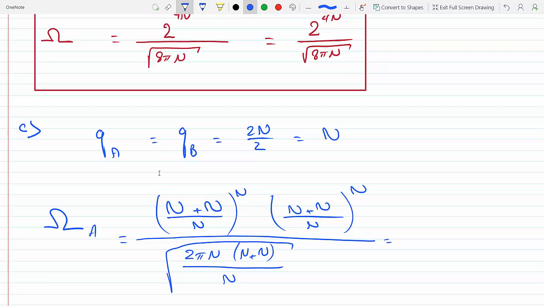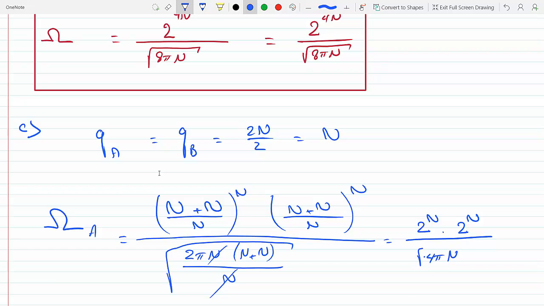And we will get 2n over n. This would be 2 to the n. The other one also would be 2 to the n, divided by, this n would cross out, and we get 4 pi n.